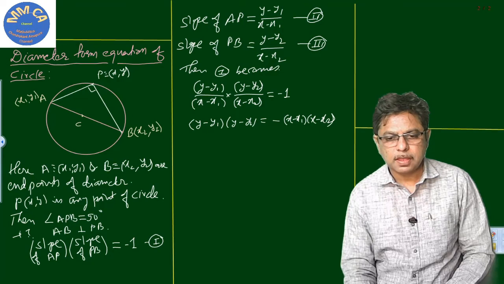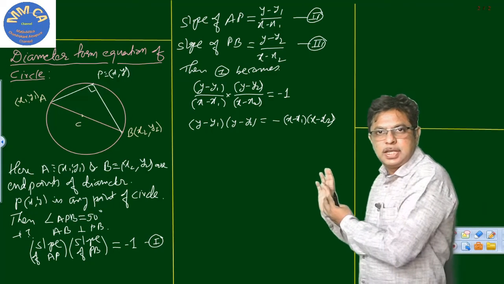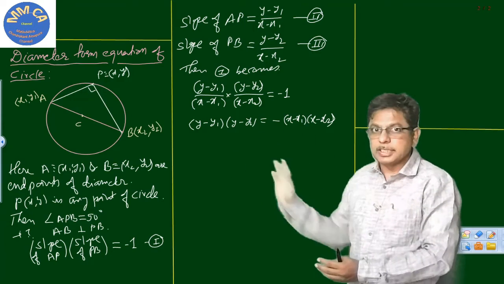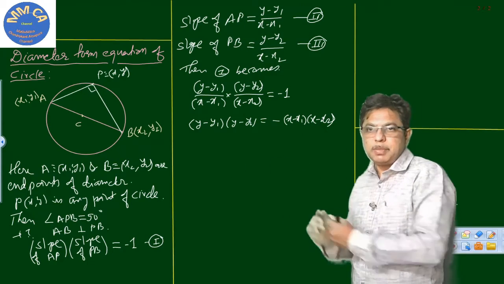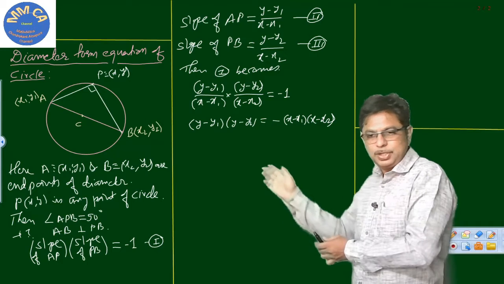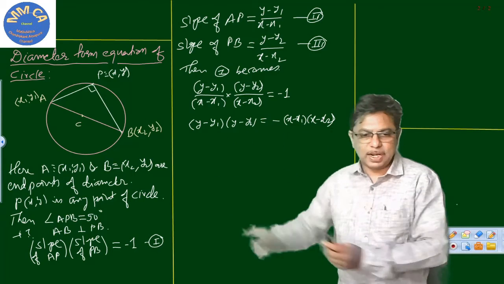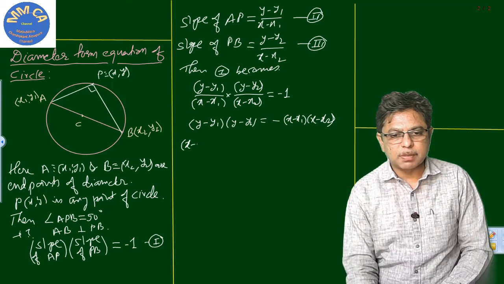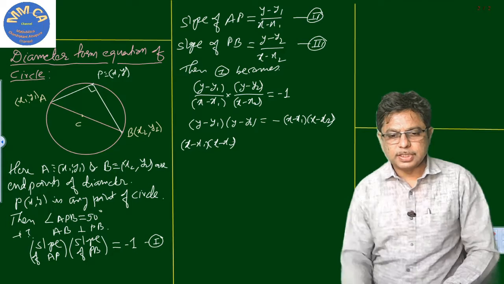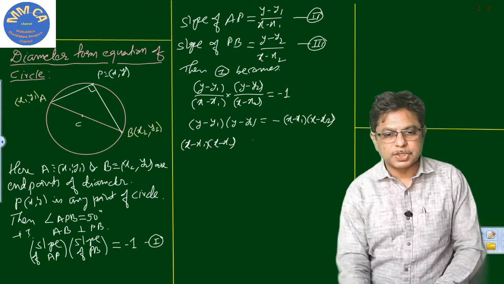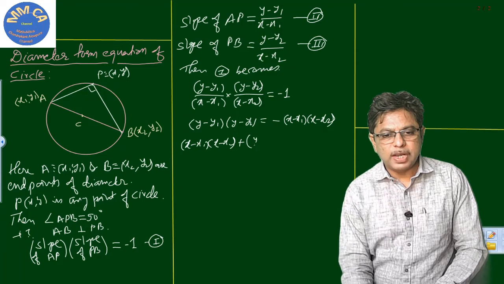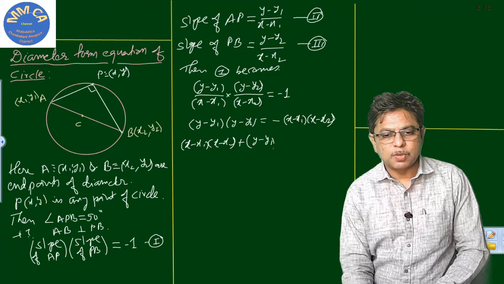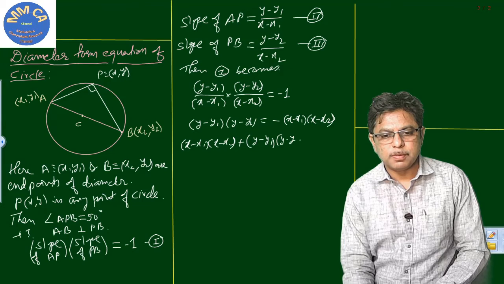Once again, we will transfer this RHS to LHS, now by the addition-subtraction method. It has a minus on this side, so it will become plus on the other side, and we get the equation (x minus x1) into (x minus x2) plus (y minus y1) into (y minus y2) is equal to 0.